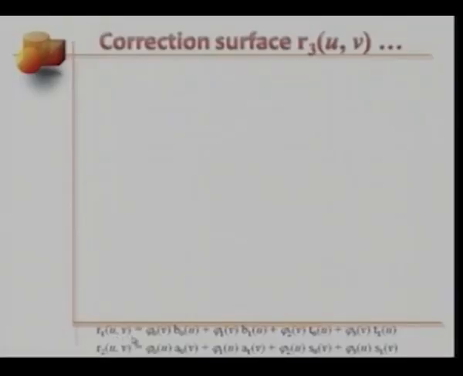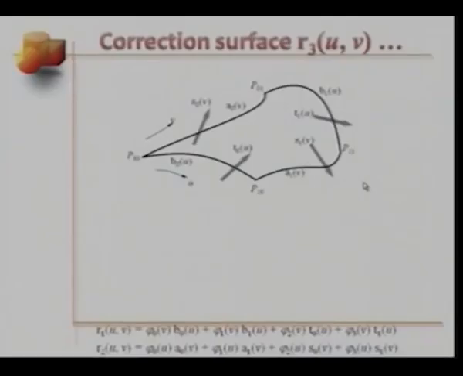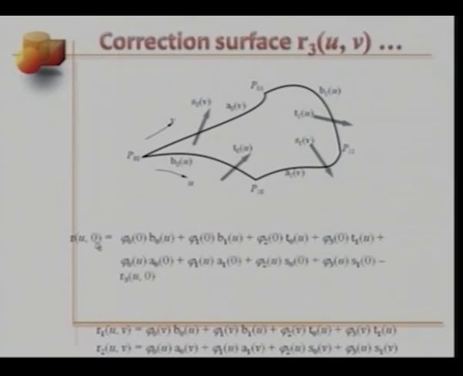So I have copied the expressions for R1 uv here and R2 uv here. We'll need these expressions to compute the correction surface R3 of u and v. So this is the information that we have, the four bounding curves and the four sets of cross boundary tangents. Now let's compute what R u0 is. Plug in the value of V equals 0 here and here.